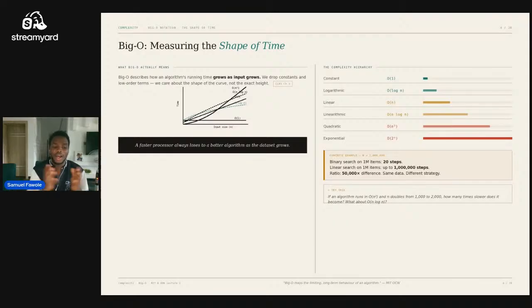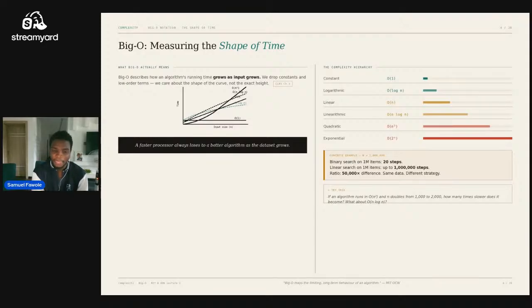So even if you have one data, if the algorithm takes, I don't want to use seconds, so basically if it takes 1 unit of time for 2 bits of data, it will take the same for 1 million bits. So that is what constant time means.